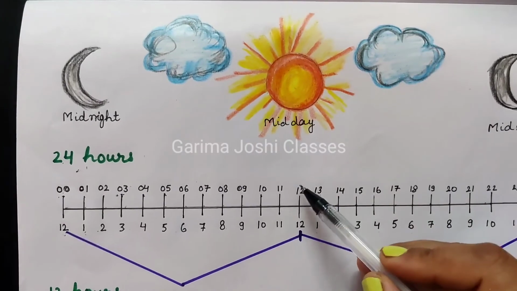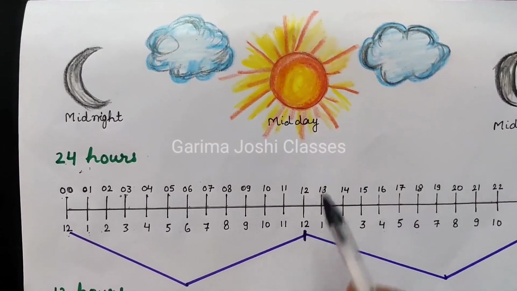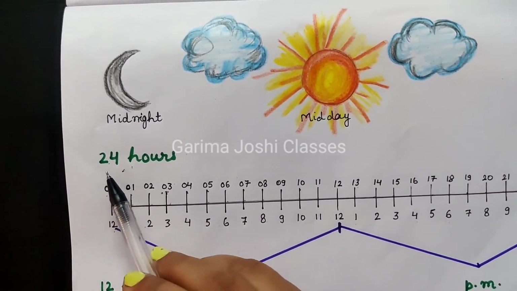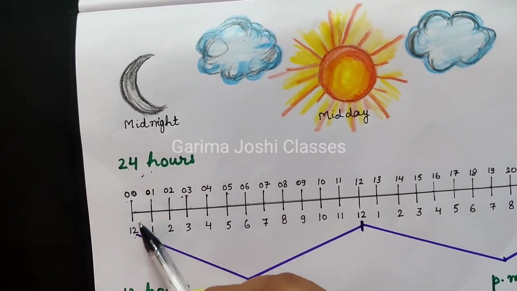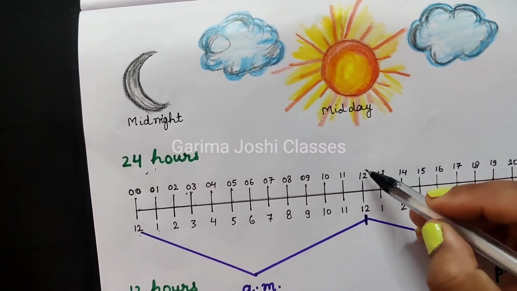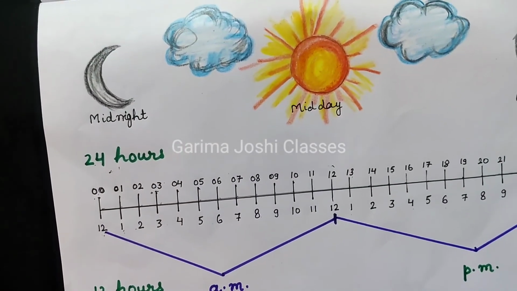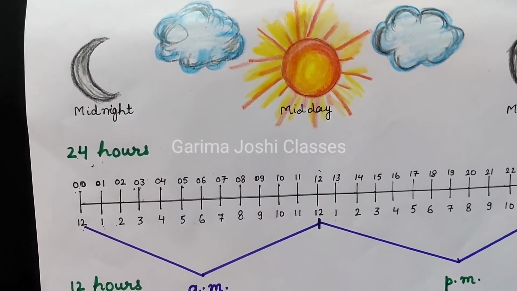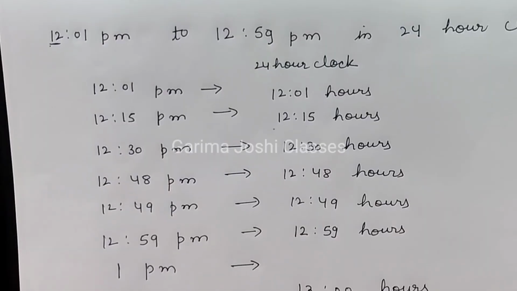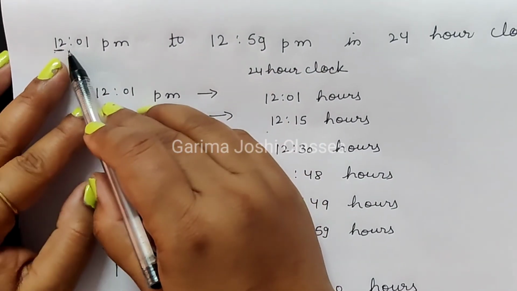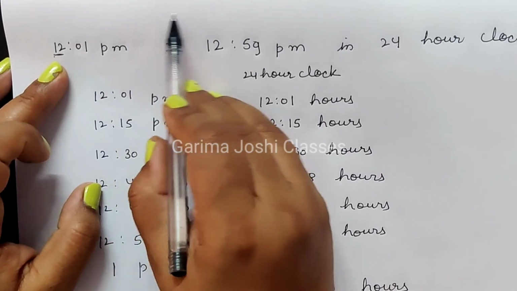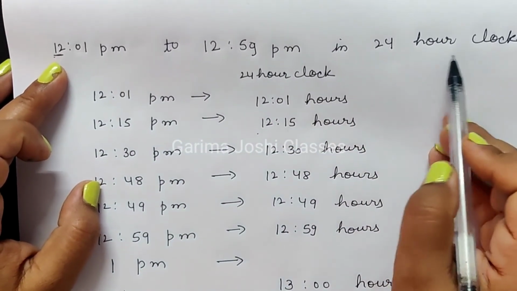Children, we know that the 12-hour clock will reset here at midday 12 and the 24-hour clock will not. So in this region, the conversion formula of adding 12 or subtracting 12 will not work. How will we convert 1 p.m. to 12:59 p.m. in 24-hour clock?